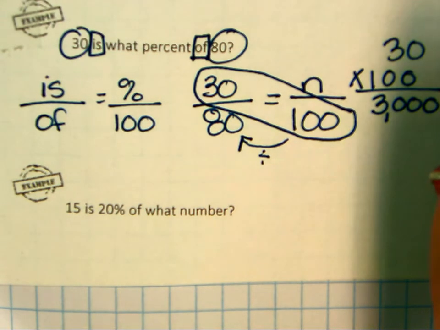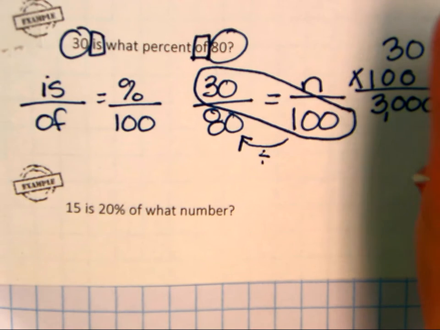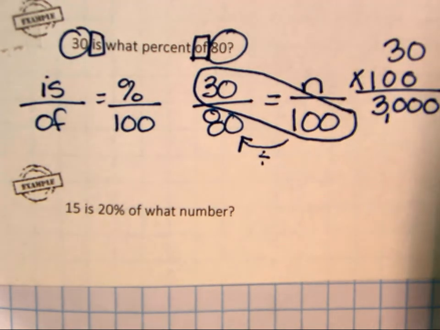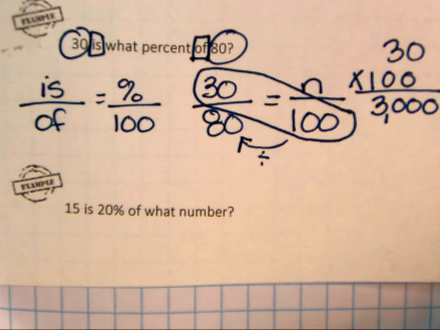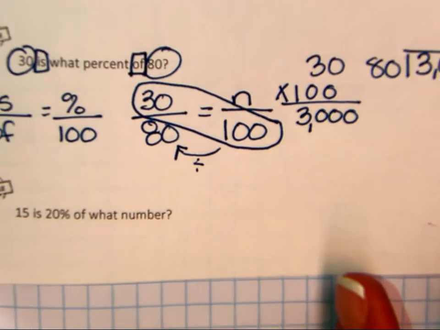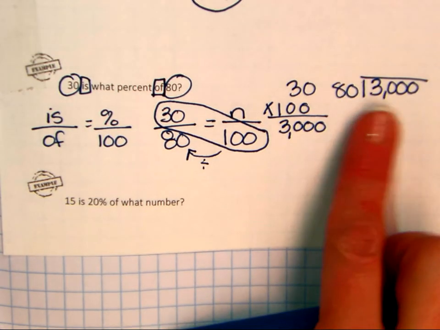So 3,000 divided by 80. Well, 80 can't go into 30, but it can go into 300. So we wrote up our division problem here.